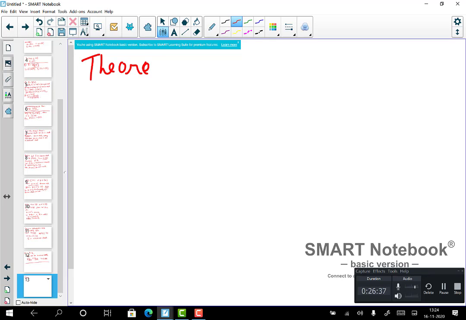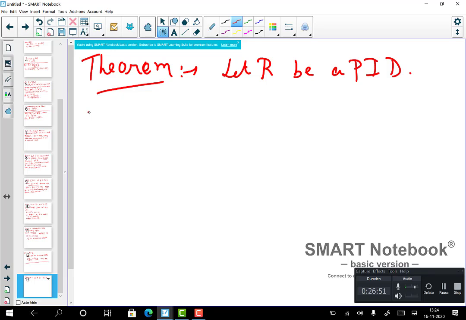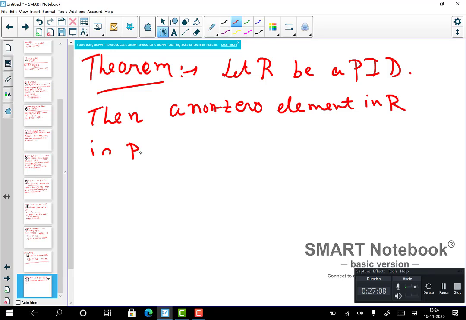Theorem: let R be a principal ideal domain. Then a non-zero element in R is prime if and only if it is irreducible.